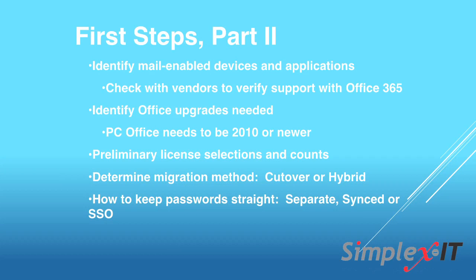And this is tricky. Mail-enabled devices and applications. We did a YouTube video about 6 months ago on the Office 365 gotchas. And one of the biggest ones that we've discovered, and again, we've dealt with almost 100, are companies that have applications or devices where the device or the application actually generates email for your organization.